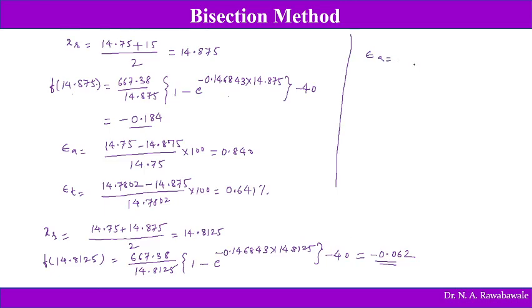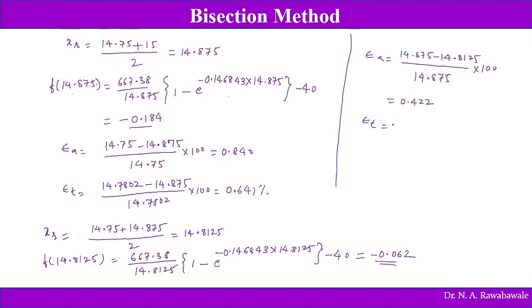Approximate error is equal to, previous was 14.875 and revised is 14.8125, divided by earlier was 14.875 into 100. So this approximate error works out to be 0.422.